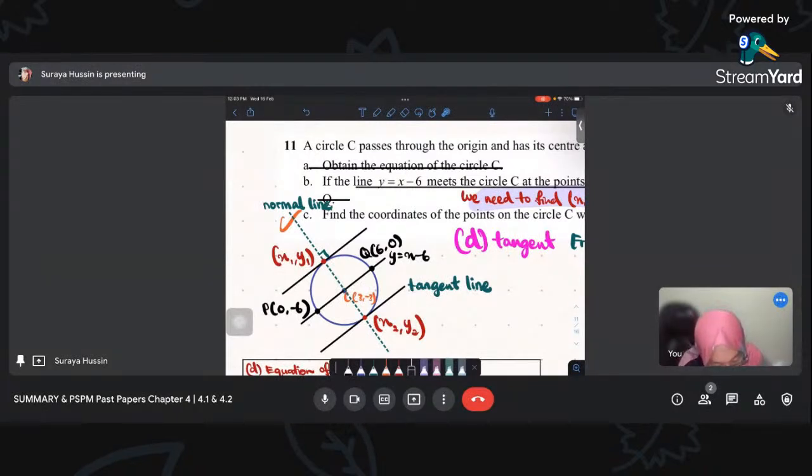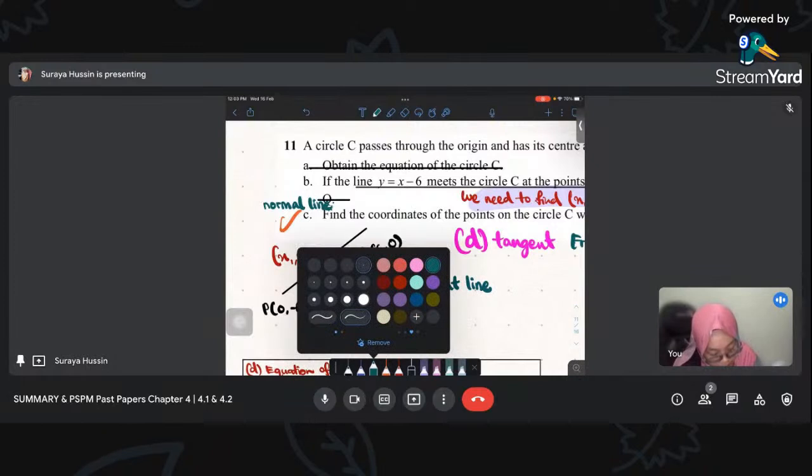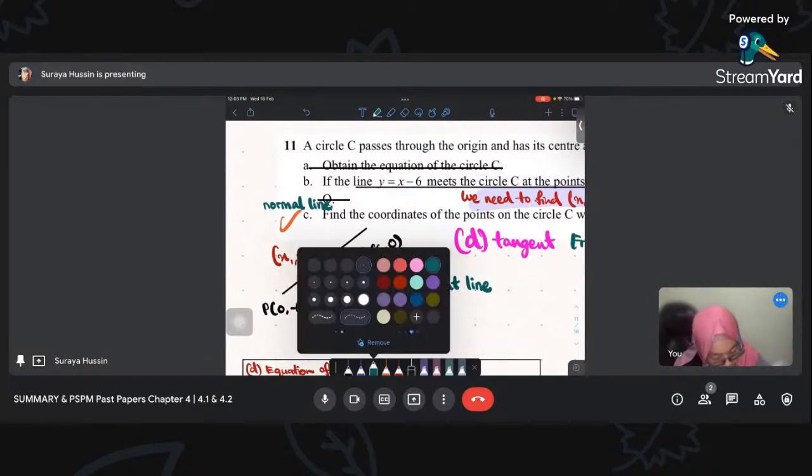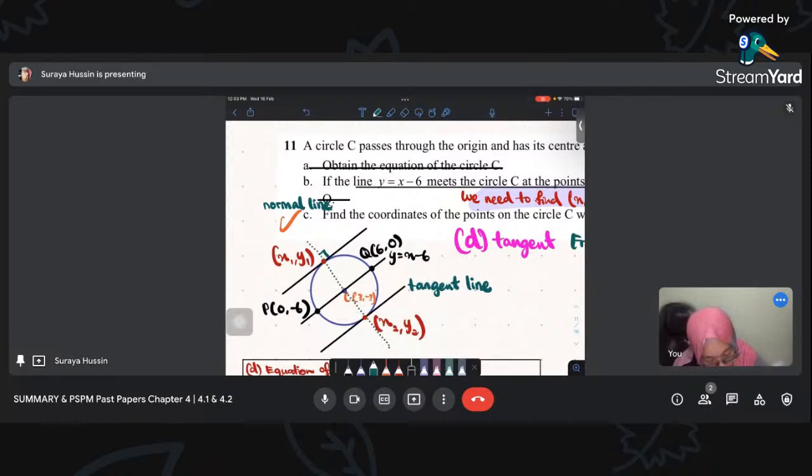And so I can find its normal. How do I find its normal? Maybe I should delete this and try to do again. I can find the normal line. I'll use the dotted line, okay? I can find the dotted line and here goes. You can use this dotted line.